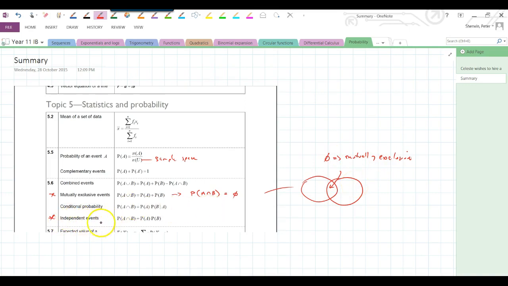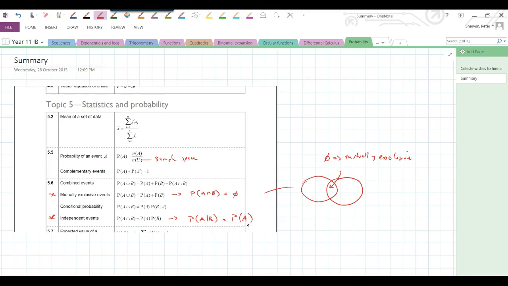And independent events, two events are independent if the probability of one times the probability of the other equals the intersection. And again, another way of looking at this is that if you've got a probability of A given B, if A and B are independent, then the probability of A given B will just be equal to the probability of A, because it doesn't matter.